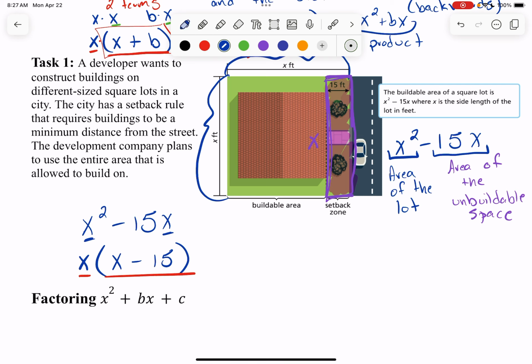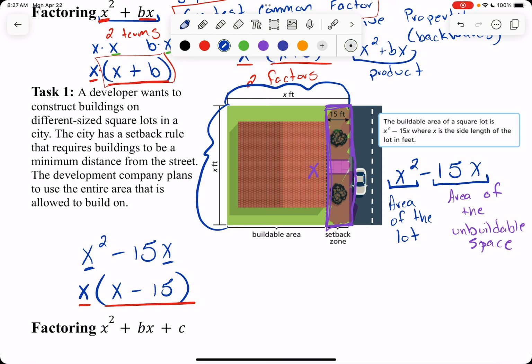But now let's ask myself, where does the x and the x minus 15 show up? Well, again, the x is just the length of this space. So this x could be this x right here. And the x minus 15 would be this length from here to here, because the whole length is x, and then I'm backing off those 15 feet right there.